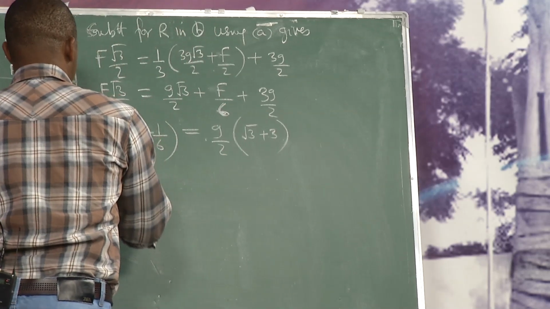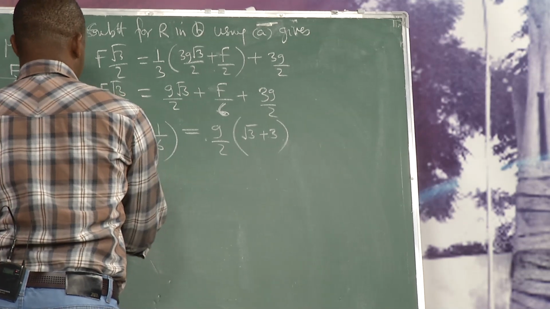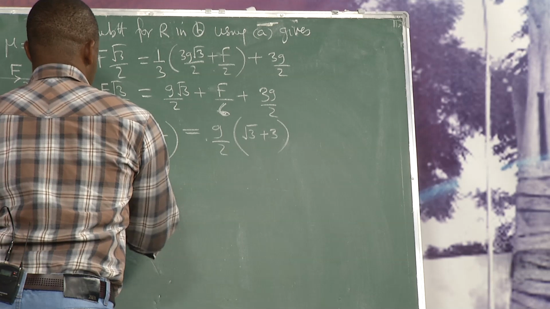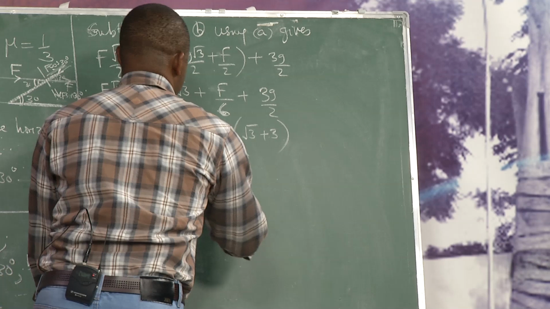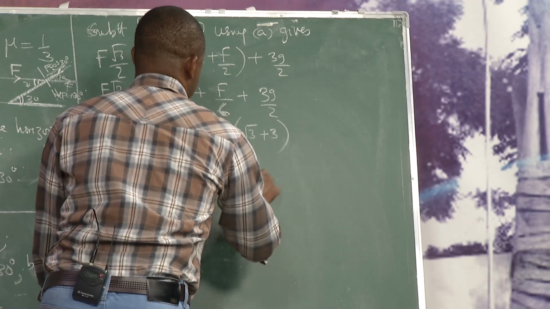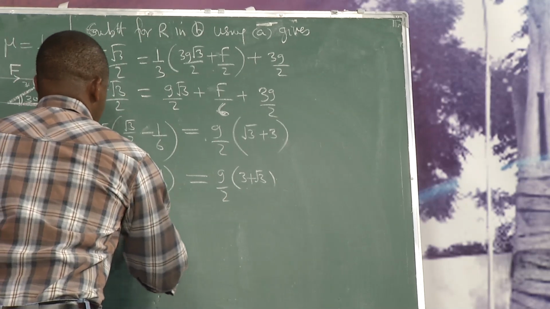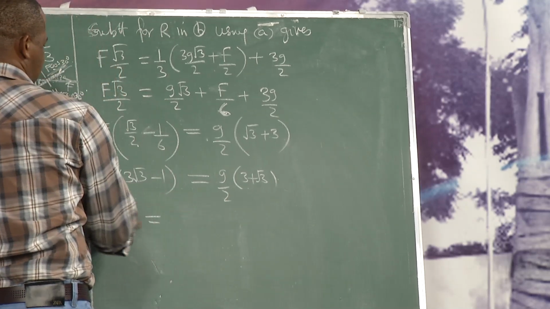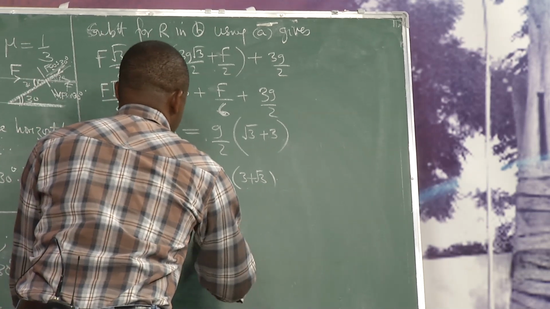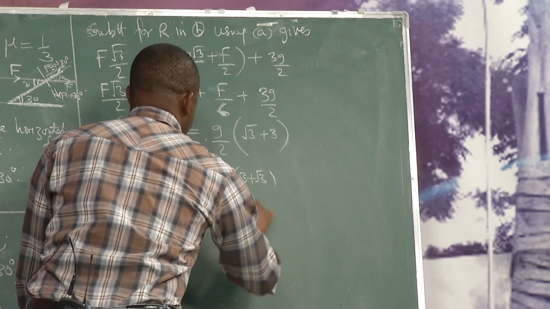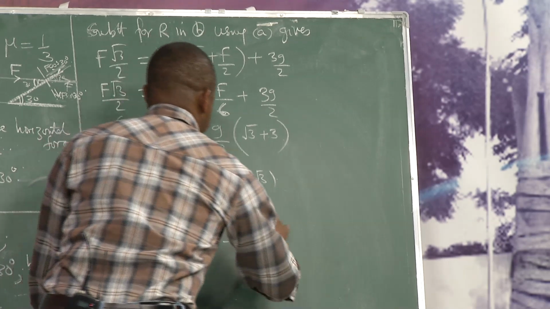If we take the LCM, we can have our F, the LCM as 6, will give us 3 root 3 minus 1 being equal to g over 2 into 3 plus root 3. If we make F the subject, this 6 will simplify with that 2 to give us a 3, g into 3 plus root 3 all over 3 root 3 minus 1.